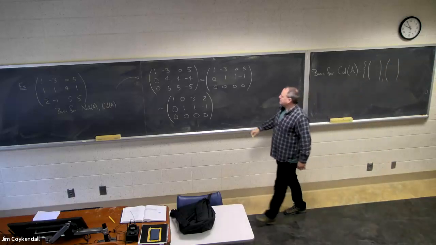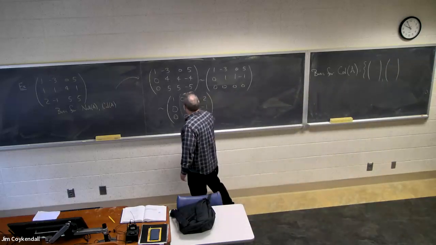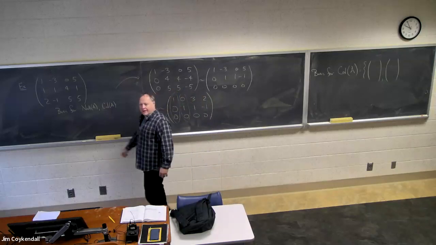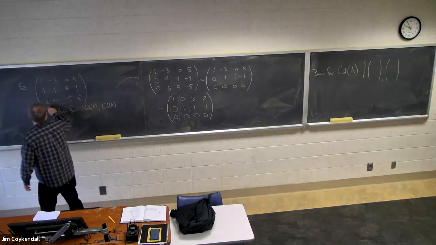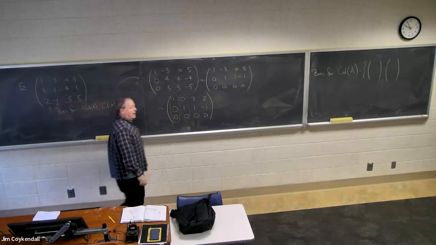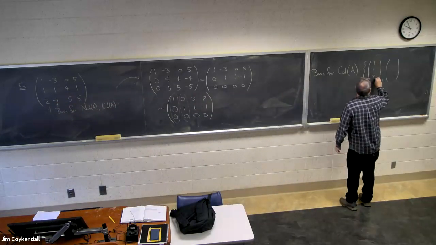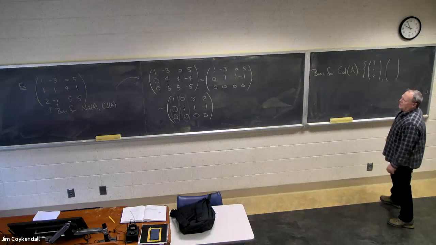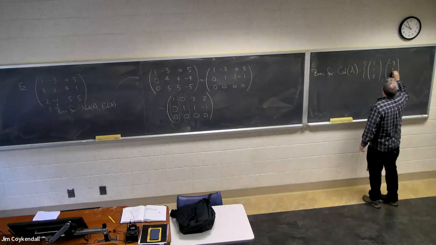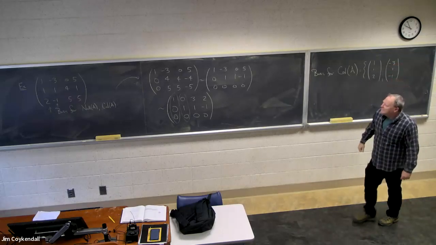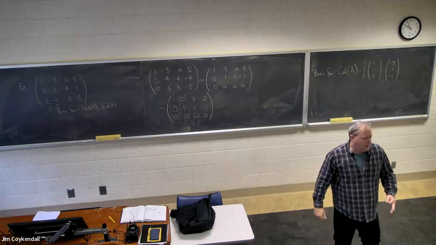It should be what corresponds to the pivot columns here. You have to use the original matrix. And this example is minus 3, 1, minus. Right, everybody okay with that?